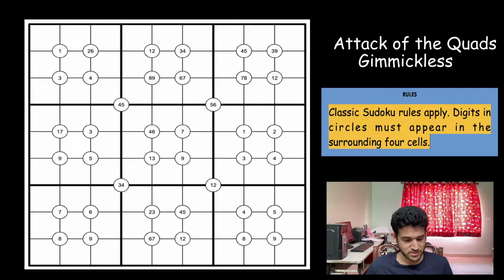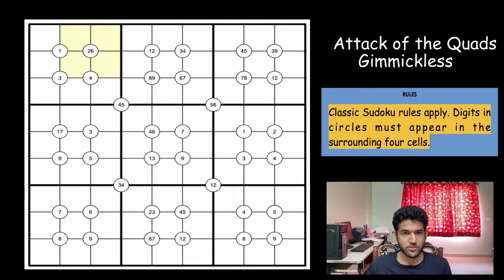So I will just move on to the rules of the Sudoku. Classic rules apply. Each row, each column, and 3x3 box in the grid has digits from 1 to 9 without any repetitions. In addition to that, the digits in the small circles that you see must be present in the four surrounding cells.